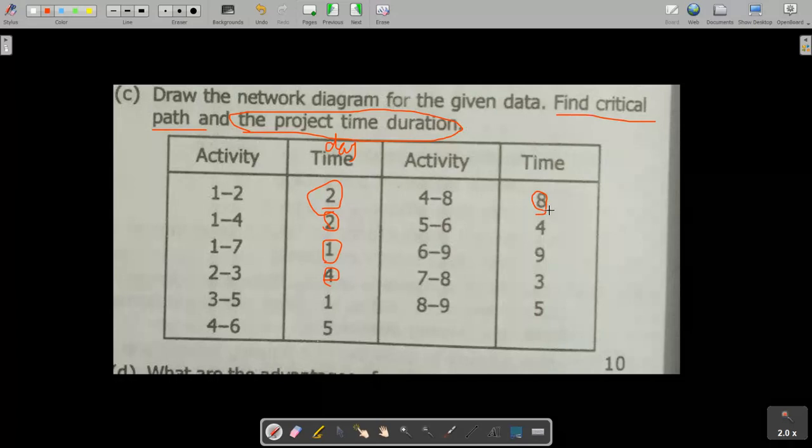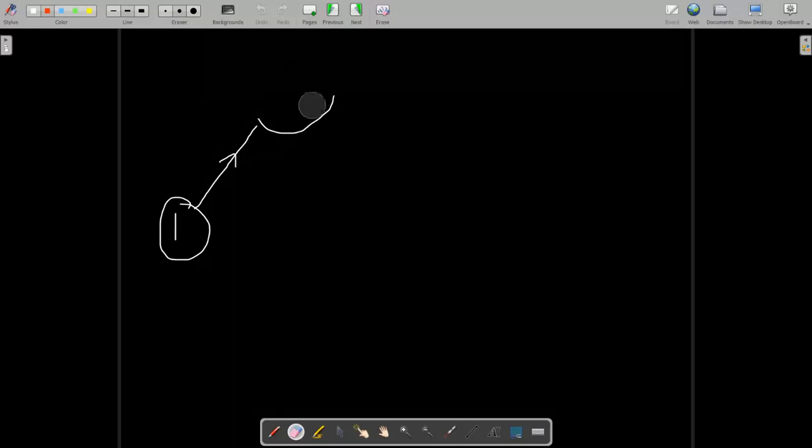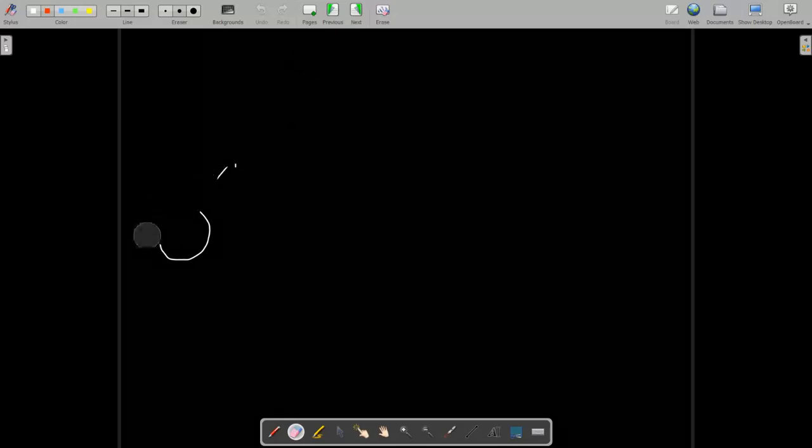First of all, we will draw the network diagram. I hope you have studied this in a BTech program, because if I go into how to draw this diagram, it would be a separate lecture. So let's start drawing and just revising, as I told you, this is a revision lecture. This is 1 to 2.